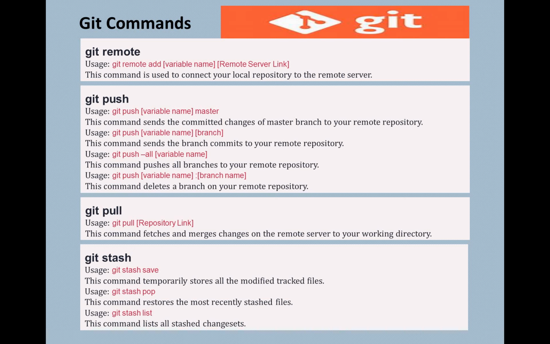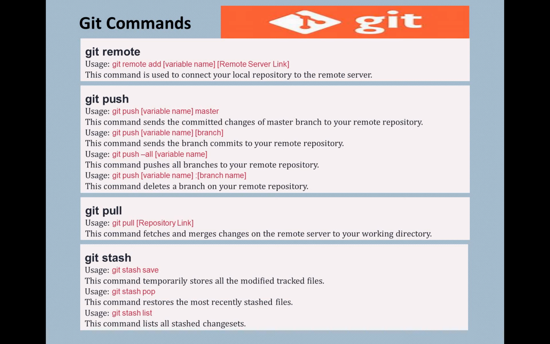Let's suppose you need to pull some changes from your remote server to your working directory, you need to use this git pull, right? This is just the opposite of git push. We use git push to push your changes to remote, and git pull is to get the changes from remote to your working directory or your local.